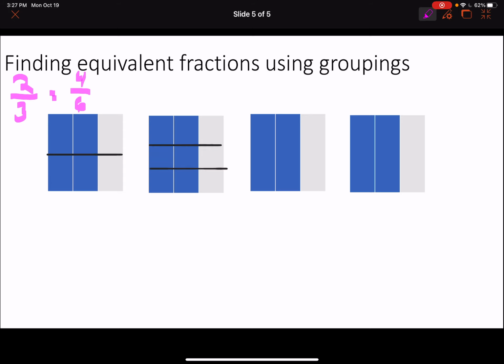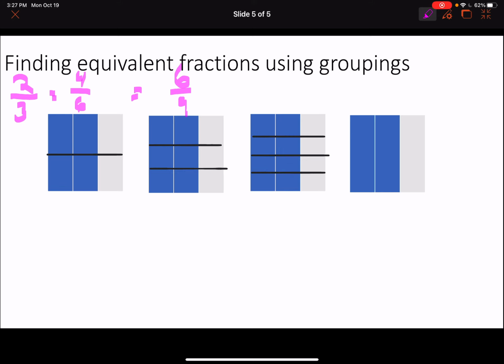I'm going to cut the next one into more pieces. It's still the same amount, but now it's out of 9. The denominator is 9 because it's divided into 9 pieces, but the top part has 6 pieces shaded. Let's look at the next part.